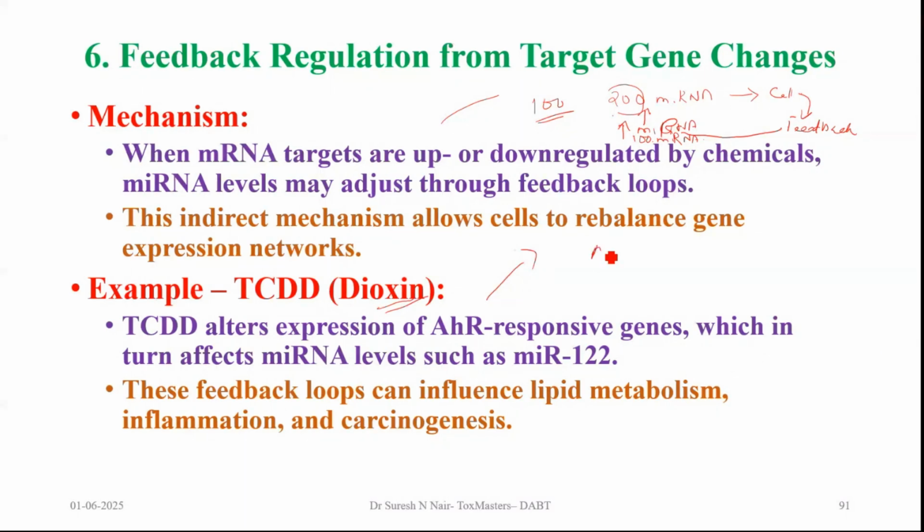When this feedback mechanism is activated, the AHR receptor, which is concerned with lipid metabolism, especially steroidal mechanisms, inflammation and carcinogenesis, is affected. So when the levels are increased, the chances of promotion of normal cells to a tumor cell will be elevated. This is one of the mechanisms of TCDD.